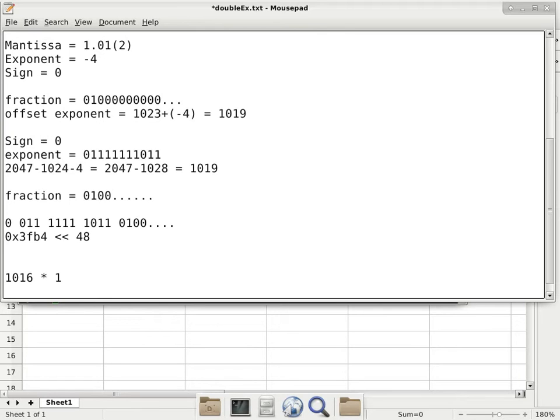So what we want to do is convert 1016 into a binary number. How do you convert this into a binary number? This one is easy because it is really close to this number that we already know, right? What do we get as a difference? 7. And 7 is very easy to deal with because it's just 1, 1, 1 in binary. 1023 is 1, 1, 1, 1, 1, 1, 1, 1, 1, 1.